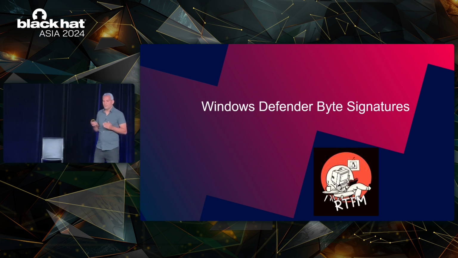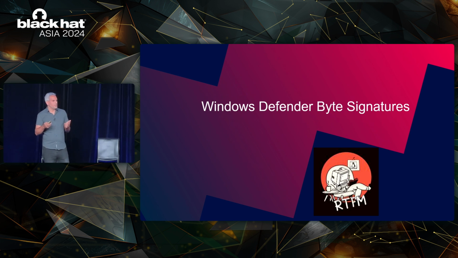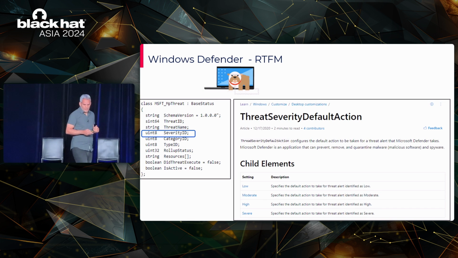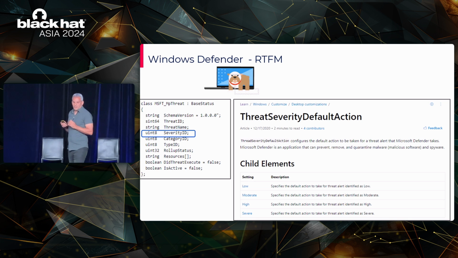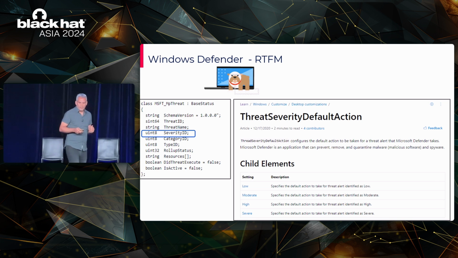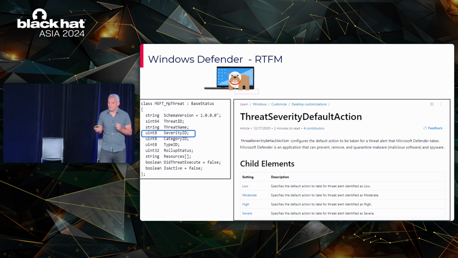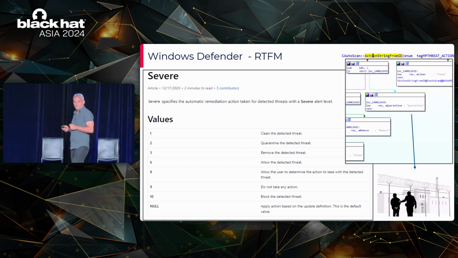Now we decided to learn more about Defender threat levels by reading the documentation. So we found the MP threat class, which includes an interesting field named severity ID. We found out that there are 4 levels of threat severity: low, moderate, high, and critical, and default actions to be taken for each threat severity.